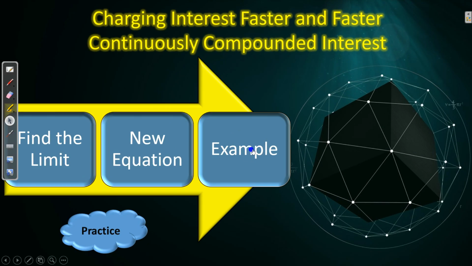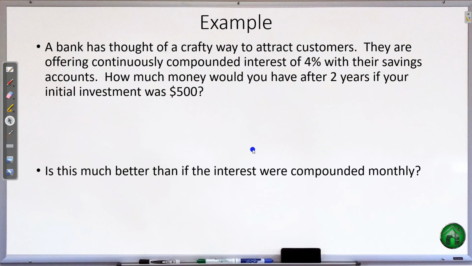So let me show you an example to show you this is not actually that hard. Here's our scenario. A bank has thought of a crafty way to attract customers. They are offering continuously compounded interest of 4% with their savings accounts. How much money would you have after 2 years if your initial investment was $500? So I'm just going to plug all this in.